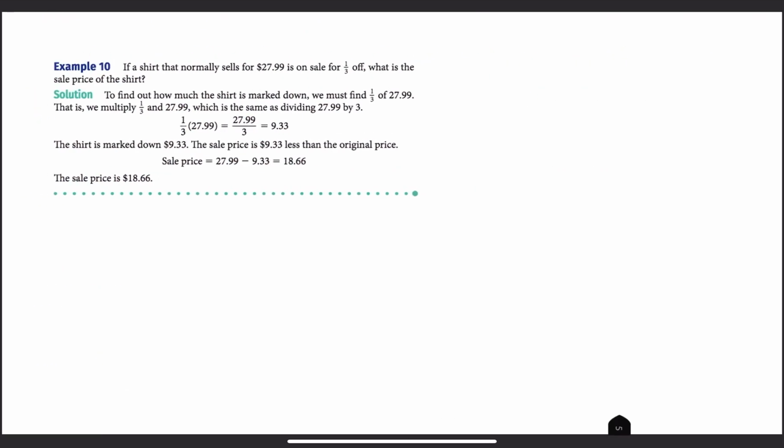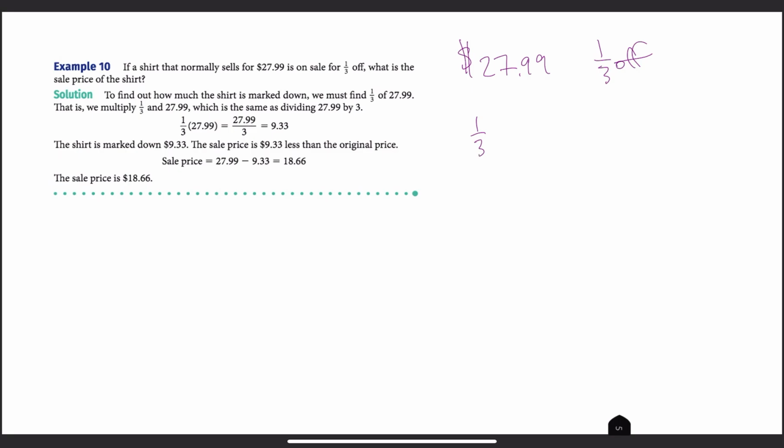All right, let's do an example problem here. If a shirt that normally sells for $27.99 is on sale for 1/3 off, what is the sale price of the shirt? So what's 1/3 of this price here?